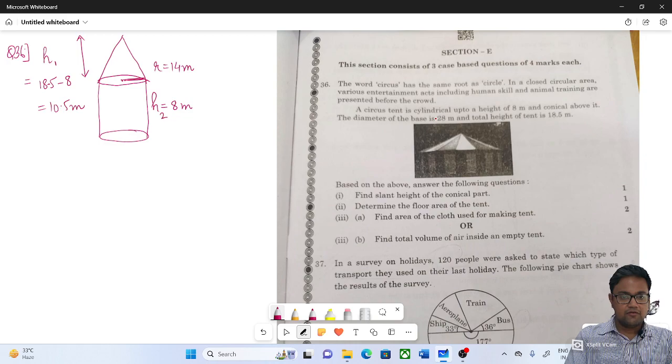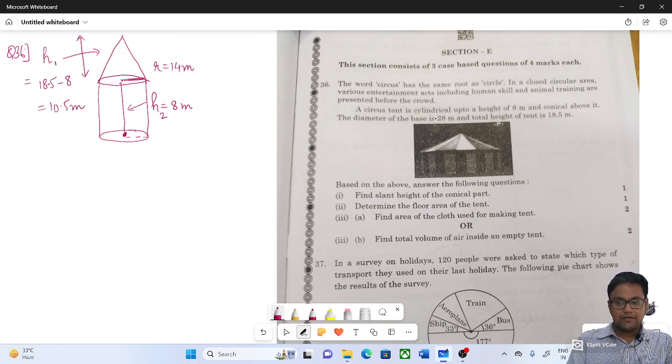This is the height of the cylinder, H2, right? So you should establish some distinction between the two heights by mentioning them as H1 and H2 respectively. H1, remember, is the height of the cone, H2 is the height of the cylinder.